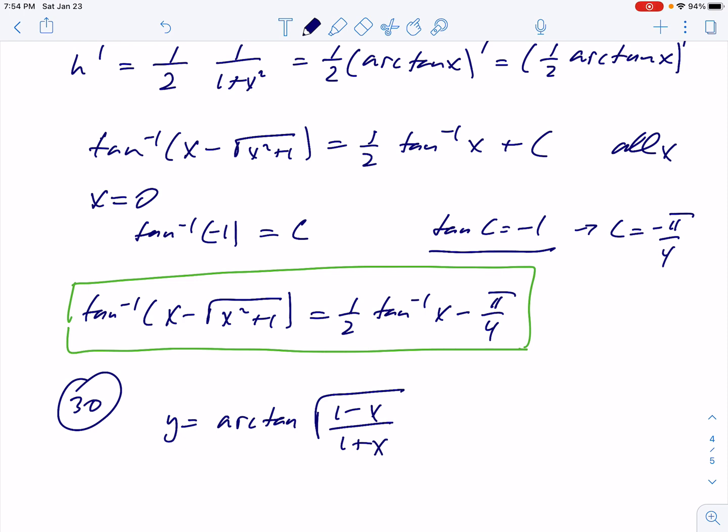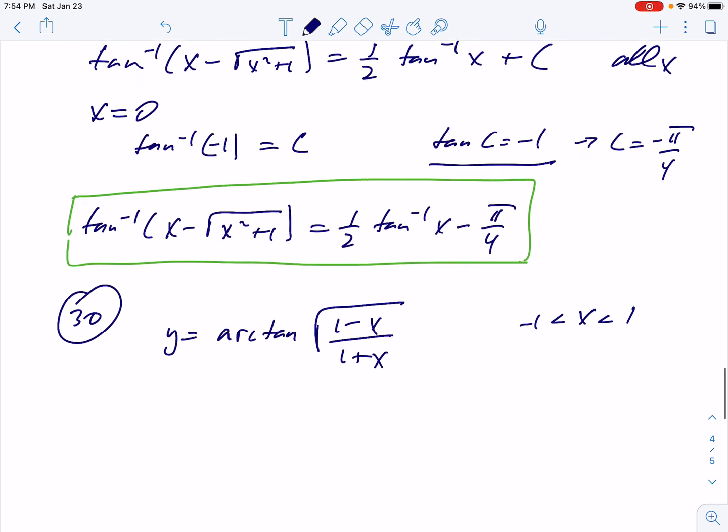Now, because of this square root, we have restrictions. X should be between -1 and 1. Over this interval, everything is defined perfectly well. 1 minus x will be positive, 1 plus x will be positive, and the ratio will be positive.